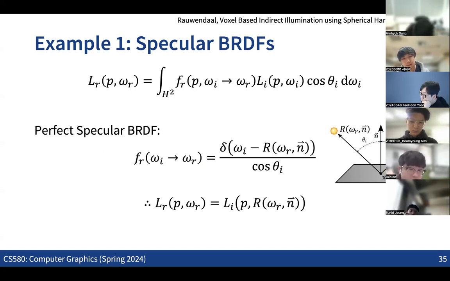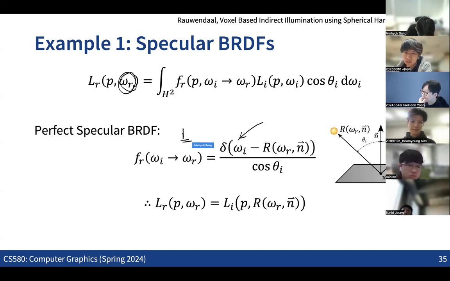So when this angle and this angle are the same with respect to the surface normal direction, then we make the BRDF 1. Otherwise, we make it 0, right?